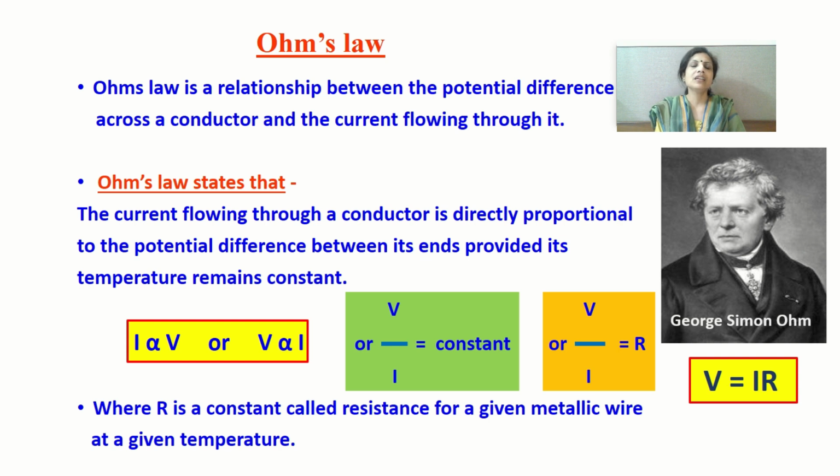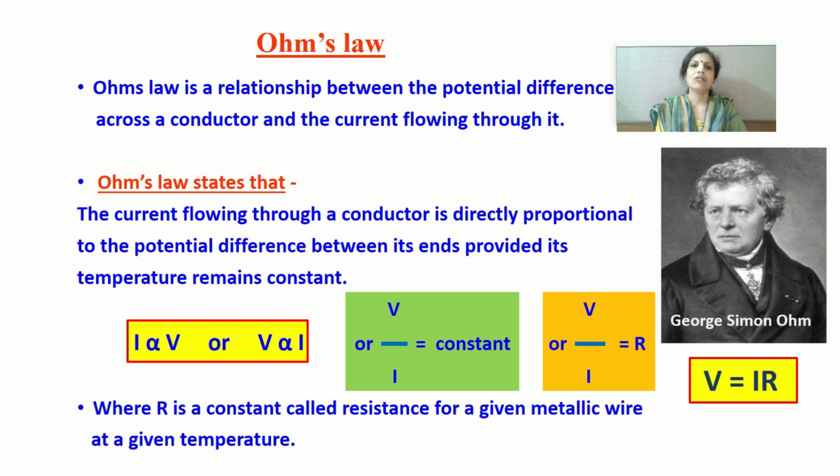Certain formulas in physics are so popular that even without knowledge of them, we end up memorizing them. In modern physics, it is E is equal to mc square, which is so famous. Similarly, in the field of current electricity, it is Ohm's law, which we are going to study in today's video lesson.